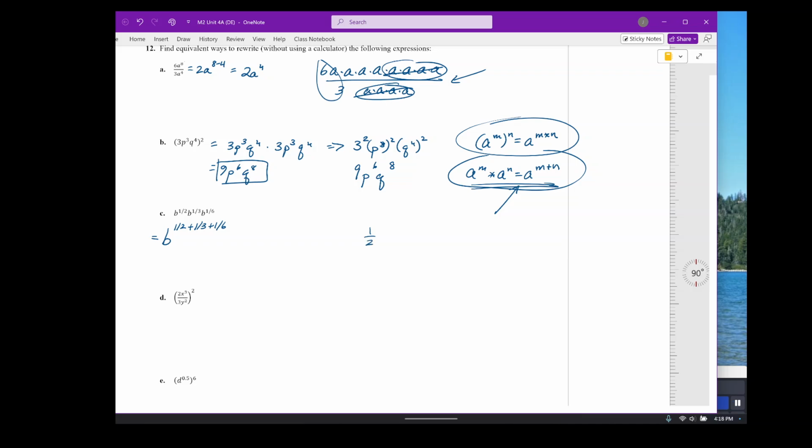And if we work that out over here, we need a common denominator, which will be 6. So this one turns into 3/6. This one turns into 2/6. And this one is 1/6. So all that adds up to 3 plus 2 plus 1 is 6/6, which is 1. So this whole thing just turns into b to the 1st, which is b.